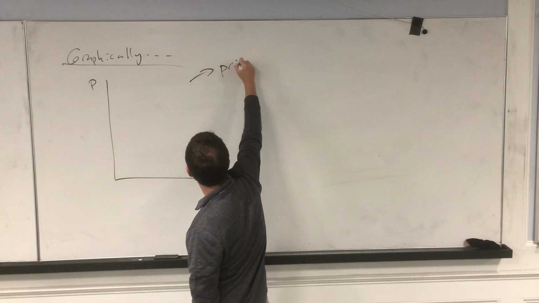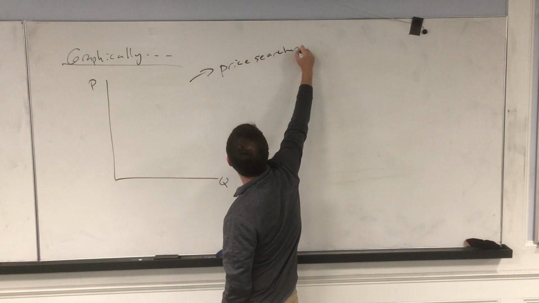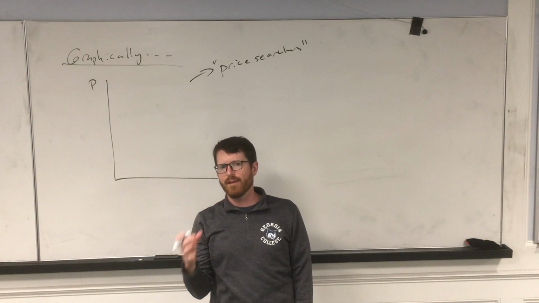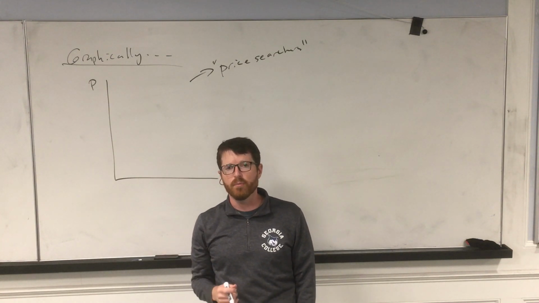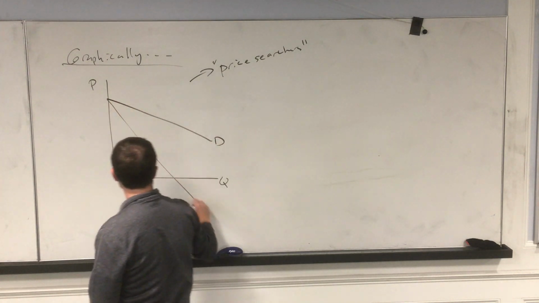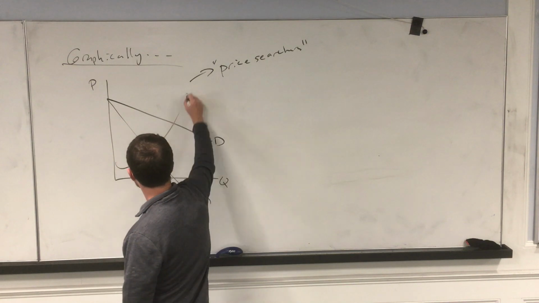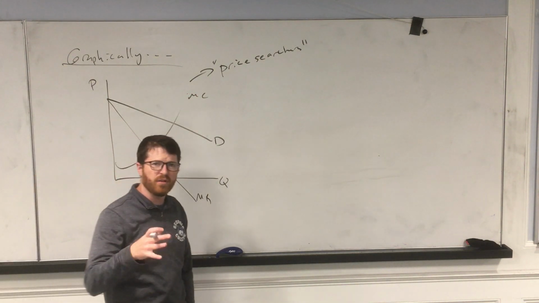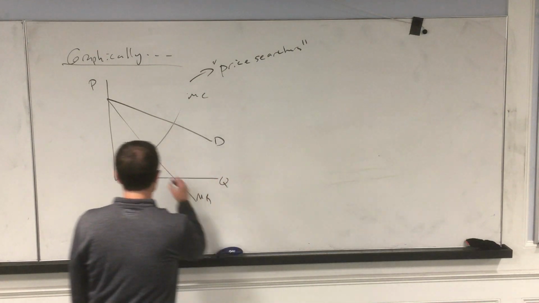So what we'll see here is they are price searchers, just like monopolies. Because you're selling something a little bit different, you have some control over the price. So demand is downward sloping. Marginal revenue is twice as steep. Marginal cost is upward sloping. It's the same thing as with monopolies. Okay, so graphically there's nothing new to discuss here.